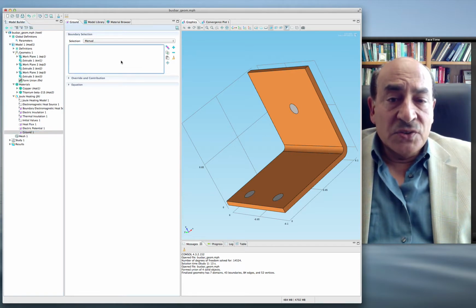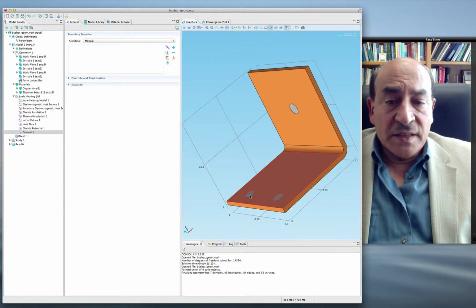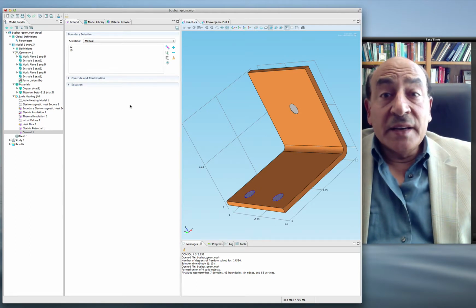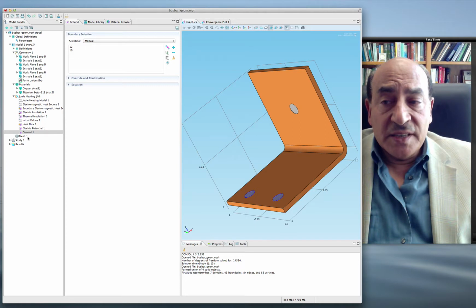Then I go to this domain, right click 19, this domain, and right click 12, and that will define ground conditions for me. And then I'm pretty much at the point where I can run the case.